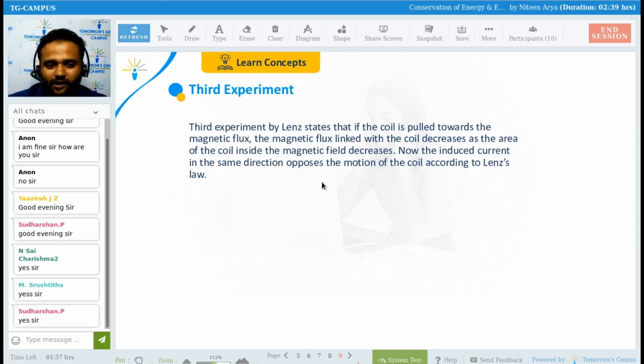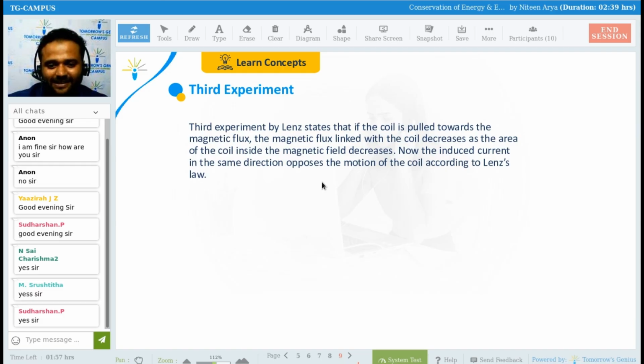Third experiment. See, I am going very slow. It's going to be 8 o'clock in 17 minutes. So the third experiment by Lenz needs to be explained. The next thing I am not going to explain, there is a formula, a relation that belongs to the 10th class or previous classes. Don't worry about it.